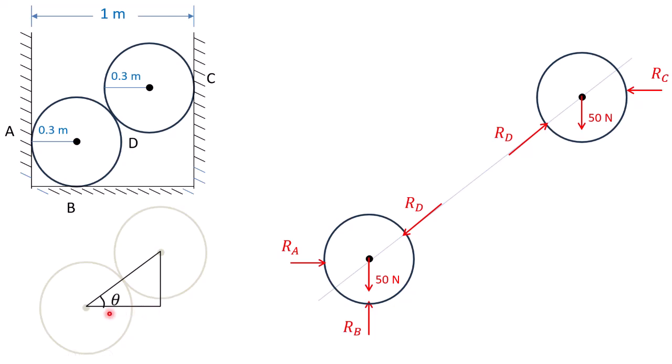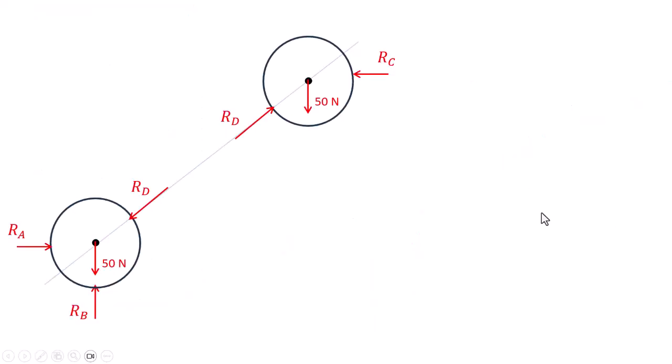The horizontal leg of this triangle is 0.4 meter, calculated as 1 minus 0.3 minus 0.3, and the vertical distance is obtained from the geometry. Using trigonometry, the angle with respect to the horizontal is calculated as 48.19 degrees.